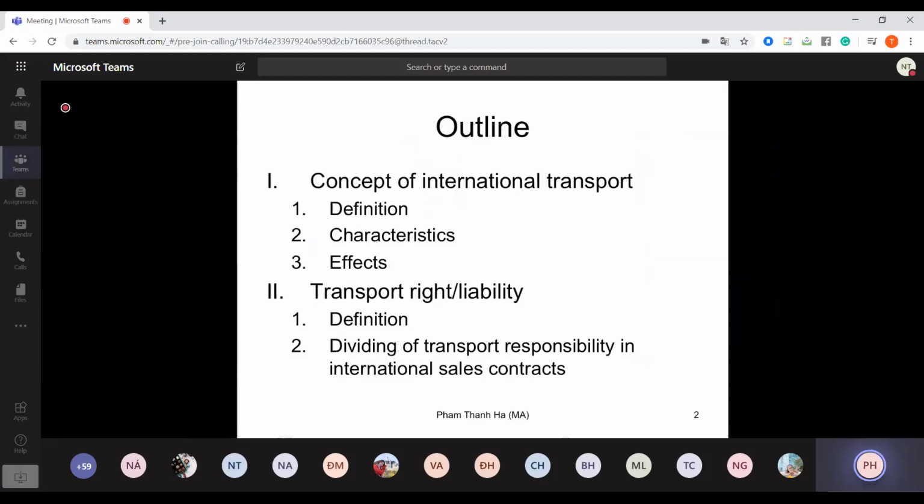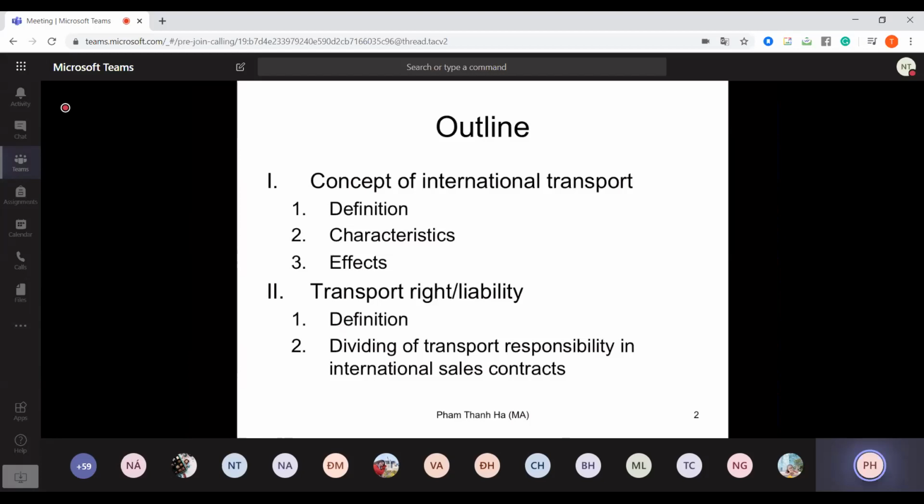Basically, I'm going to introduce two main parts of this chapter. The first is the concept of international transport, which will be divided into definitions of international transportation, characteristics, and also the effects. Then the second main part is about transportation rights or liability, which is very closely related to the Incoterms.